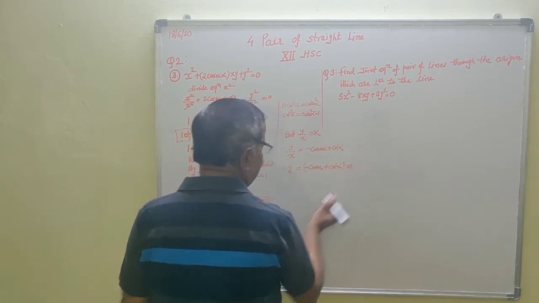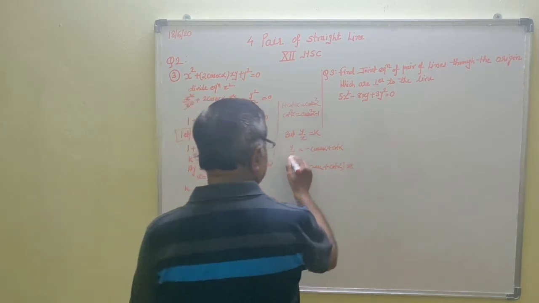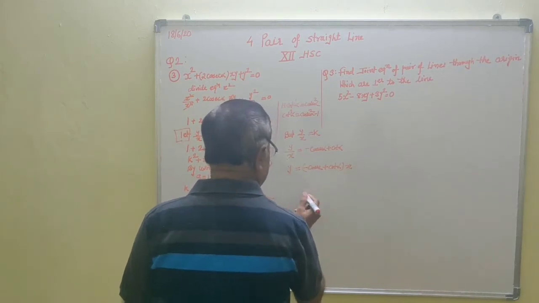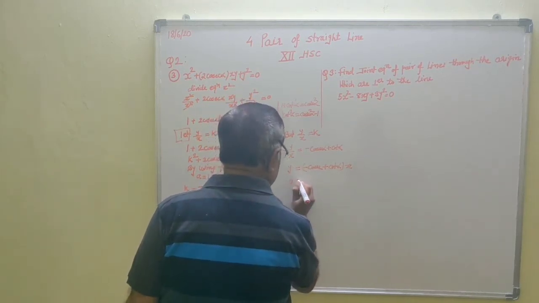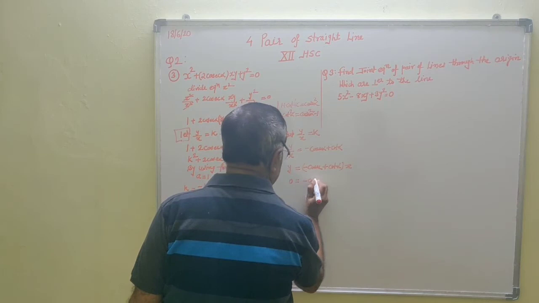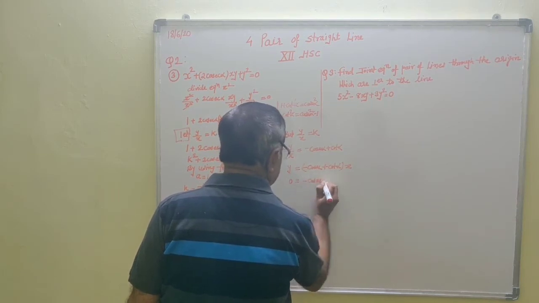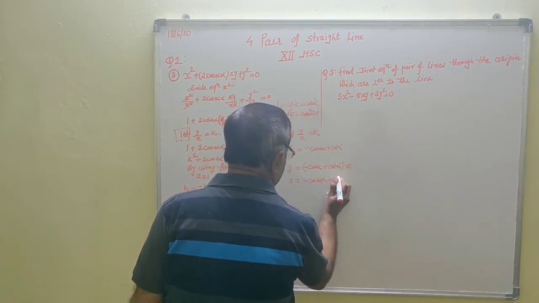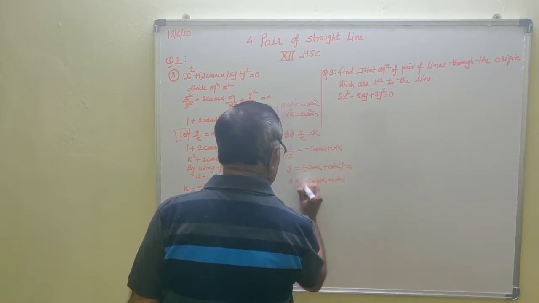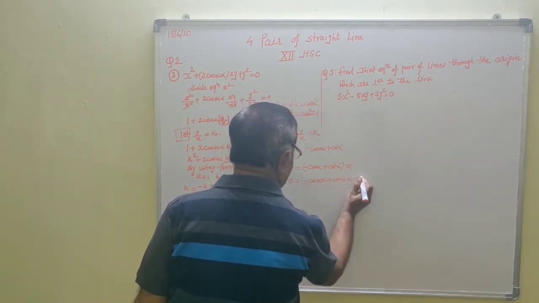Now y will get transferred, so 0 is equal to minus cosec alpha plus cot alpha into x minus y.